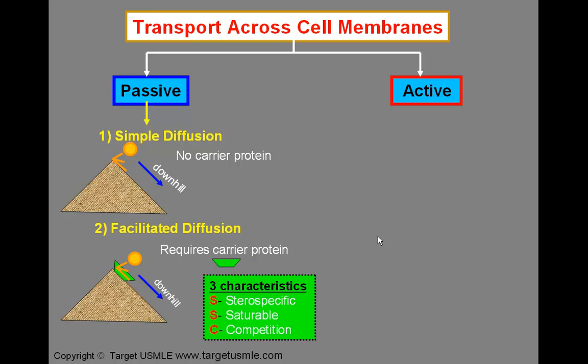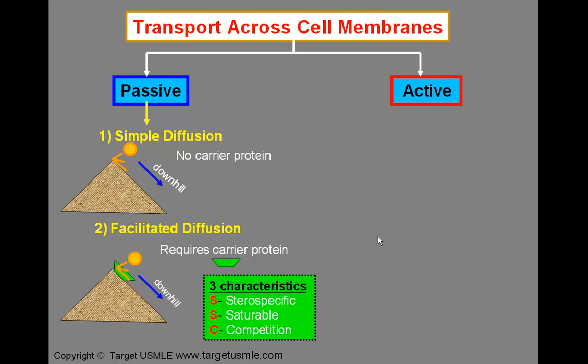Now let's just look at passive transport. In simple diffusion, the solute moves down a concentration gradient. There is no carrier protein involved and no ATP. In facilitated diffusion, it requires the presence of a carrier protein. Again, there is no ATP involved, and it is moving down a concentration gradient.